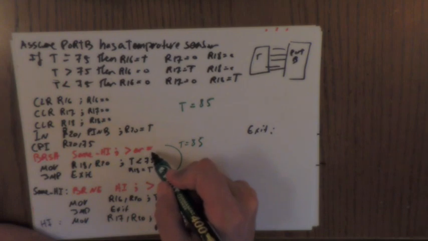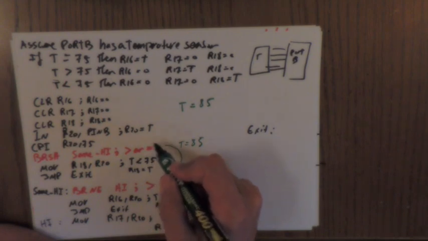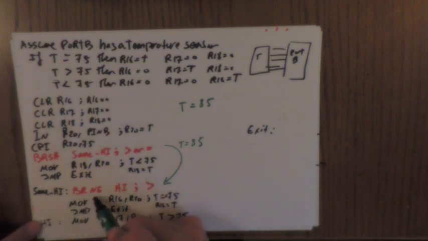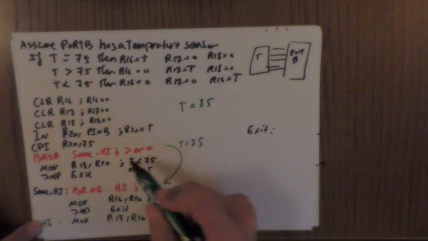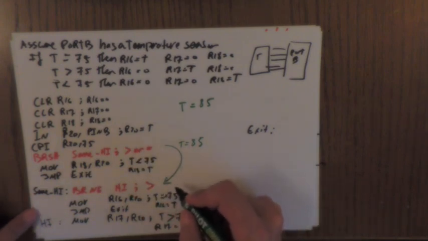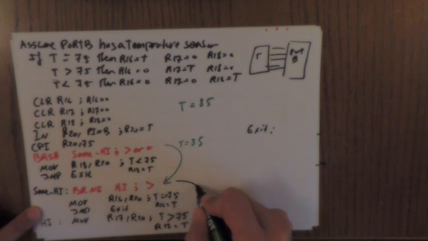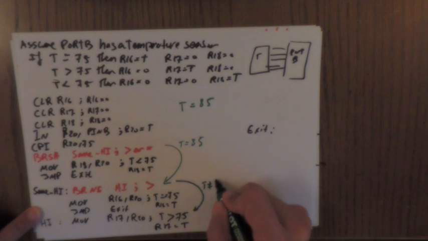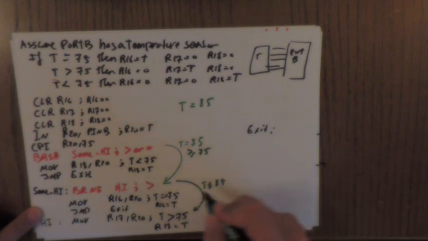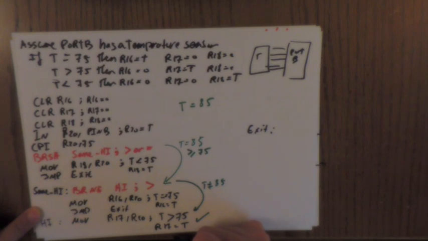This is equal or greater, so I'm gonna go there. Now, if it's branch not equal, is 85 equal to 75? It's not equal, so this will branch again to here. T not equal 85. And here T is equal to 85, this means it is greater or equal than 75. And I go to this state where R17 is equal to T.